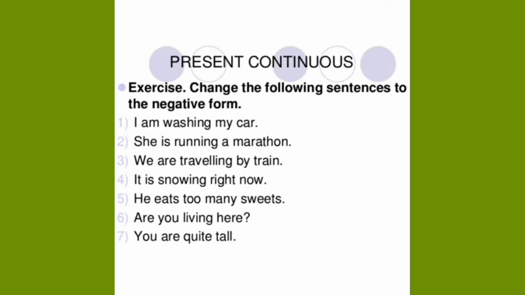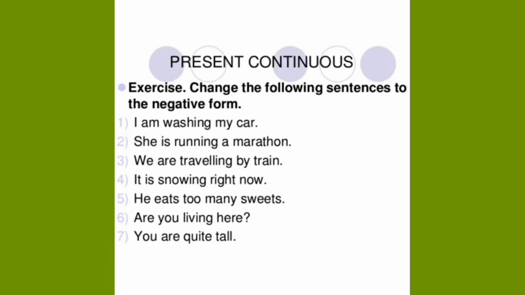Okay, you have already learned how we can convert any positive sentence into the negative one. So: I am washing my car. She is running a marathon. We are traveling by train. It is snowing right now. He eats too many sweets. Are you living here?